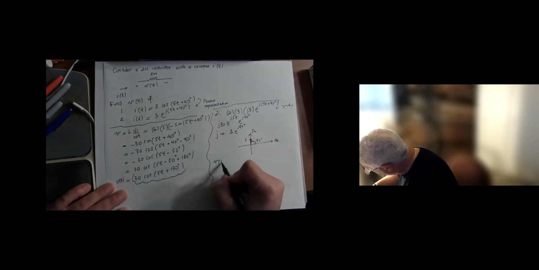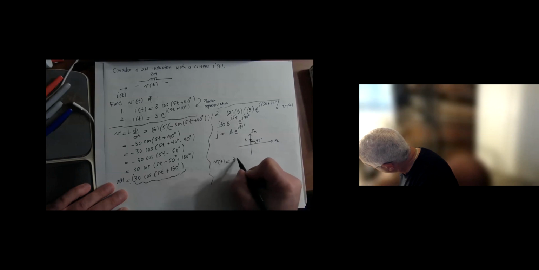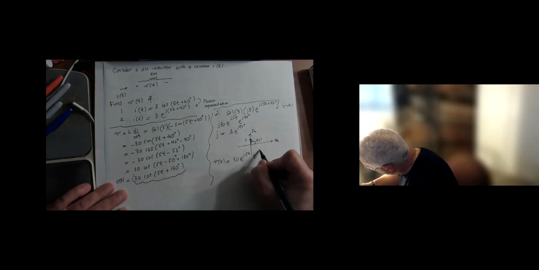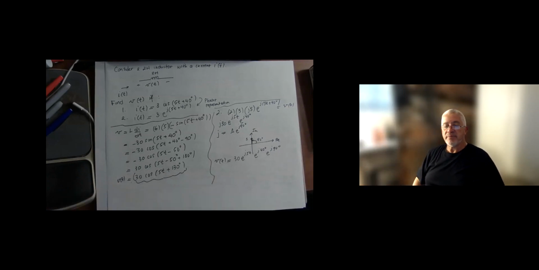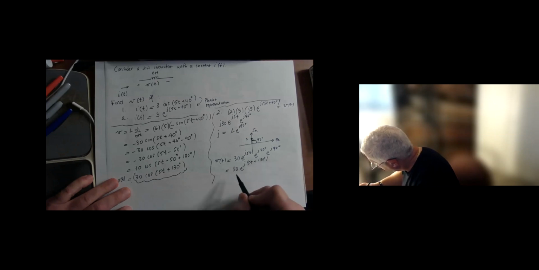Okay, so if I do that, then the voltage v of t, in this case here, is 30 e to the j5t, e to the j 40 degrees, e to the j 90 degrees. Okay, that's what we got. Again, what do I have? If I combine things, I have 30 e to the j 5t plus 130 degrees.